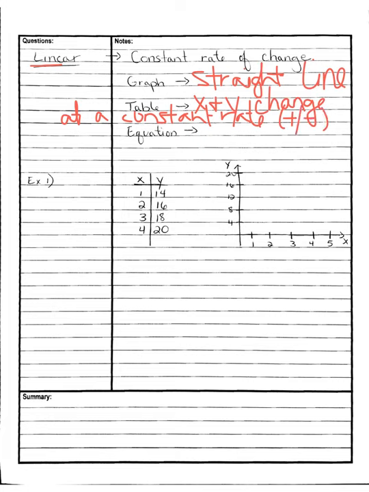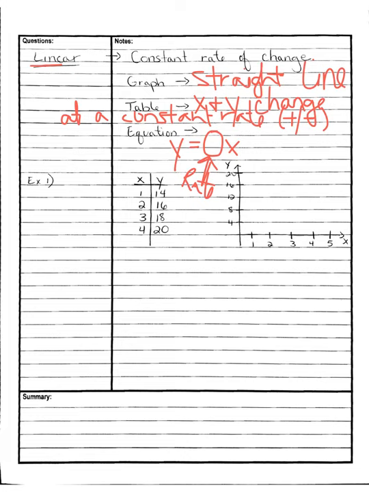So they're changing at a constant rate by either addition or subtraction. Then when we look at the equation, we're going to have an x and a y, like y equals, and an x value. We're going to need that constant rate of change here. Whatever rate it's changing by is going to be a number value.